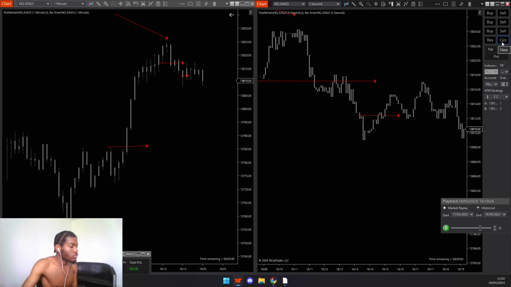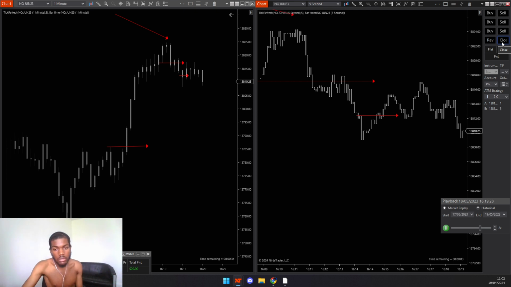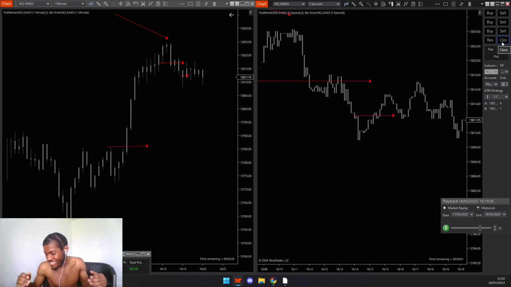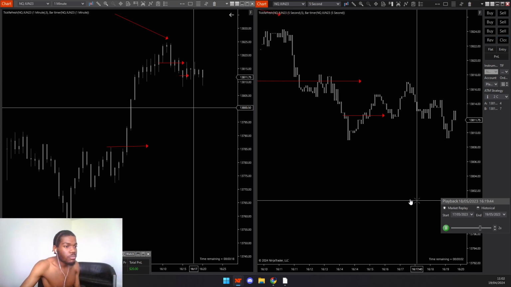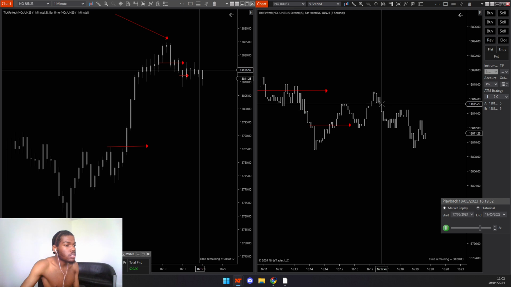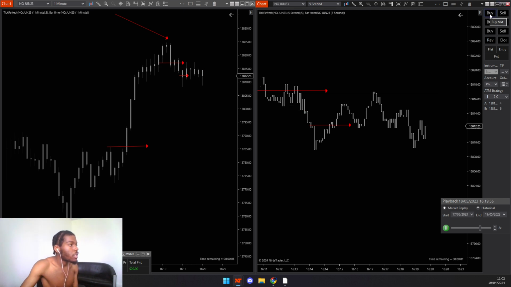Stop filled. Okay, so I got stopped out there. That's cool. That's just my greed. We can see another setup form though. I want to see that if we see that get taken out, then I'll get back in.